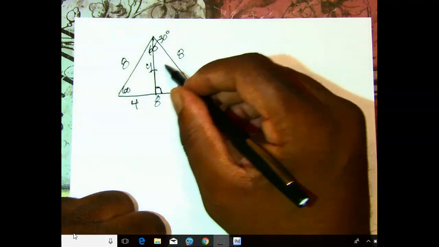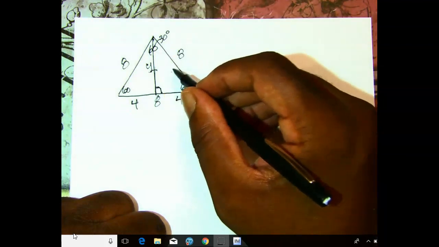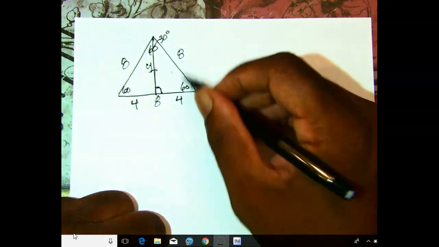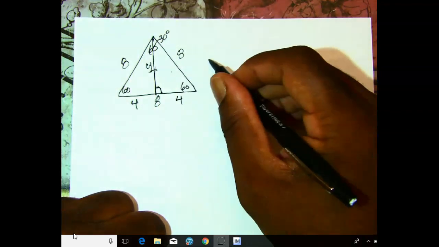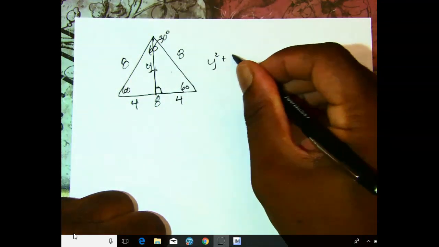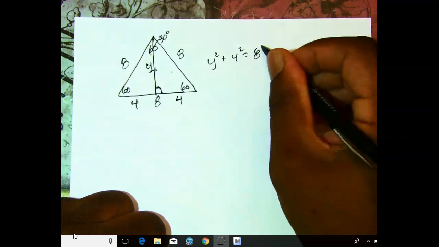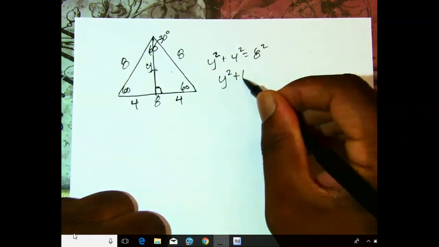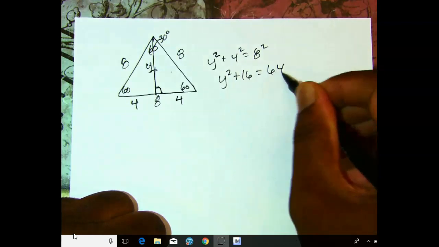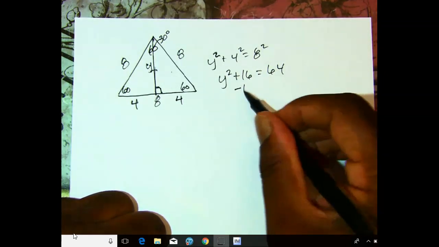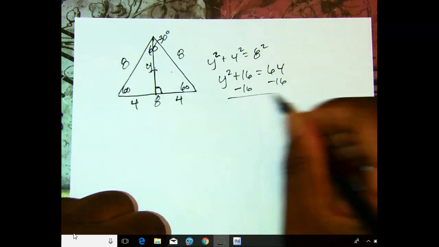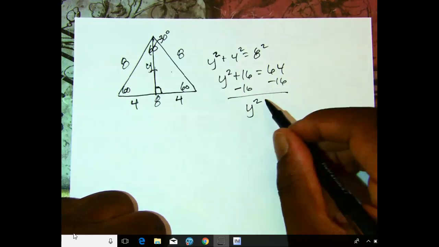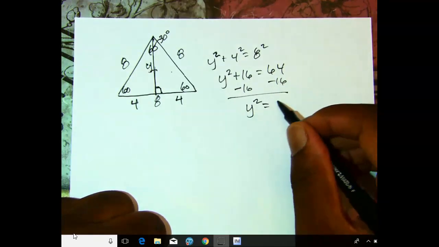And we'll use the triangle to the right here. So leg squared plus leg squared is equal to hypotenuse squared. So y squared plus 4 squared is equal to 8 squared. Y squared plus 16 is equal to 64. We subtract 16, we get y squared is equal to 48.